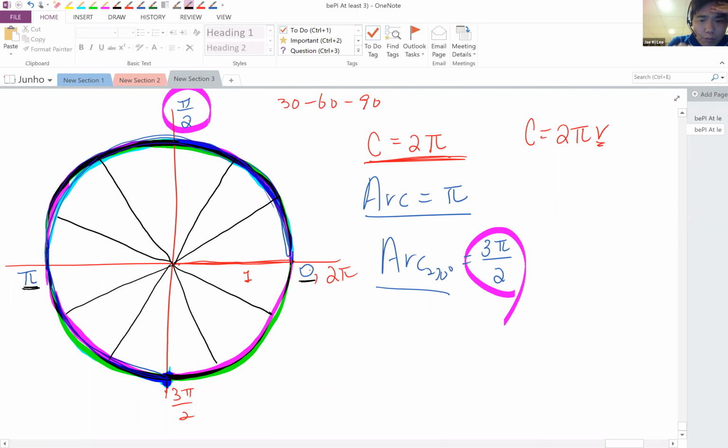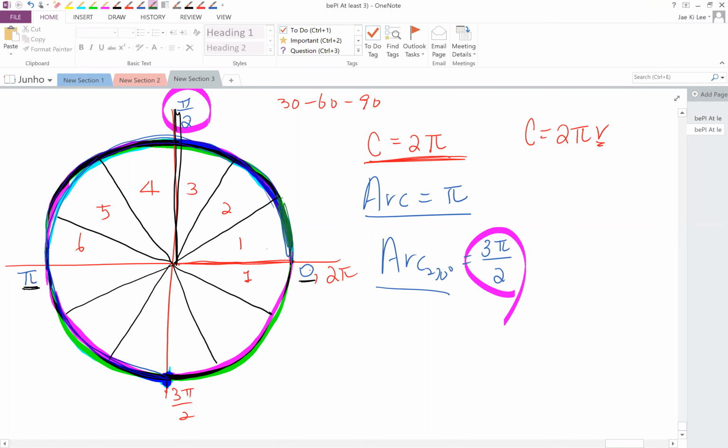Now, when we make this arc and this arc, we say each one is pi over 2, right? Now, we cut how many pieces? 1, 2, 3, 4, 5, 6 different pieces. Therefore, what should be the arc for this one?